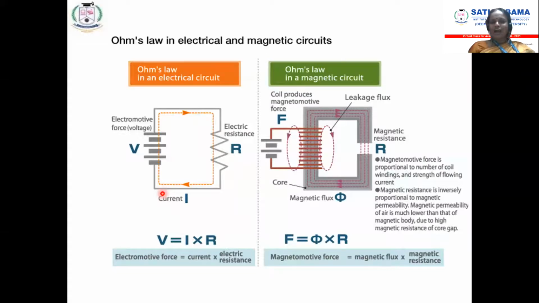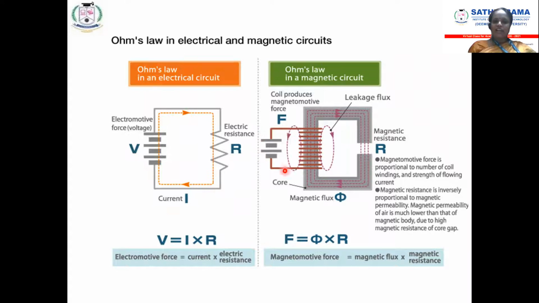Now come to Ohm's law in a magnetic circuit. It is very important. Same thing, you just see F. F is nothing but the magnetomotive force. We say MMF, magnetomotive force, just as EMF is electromotive force, which is voltage.